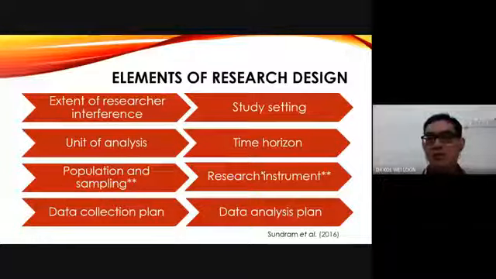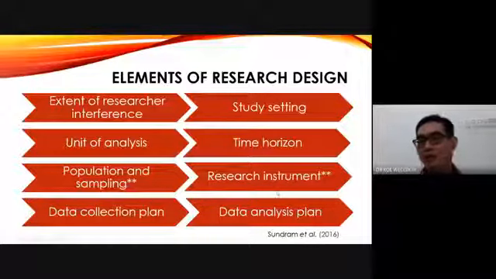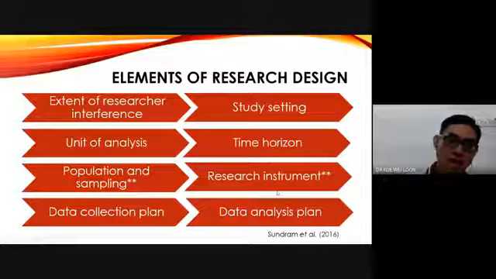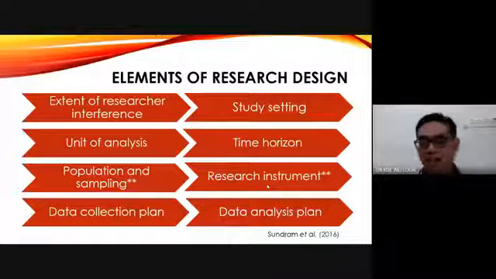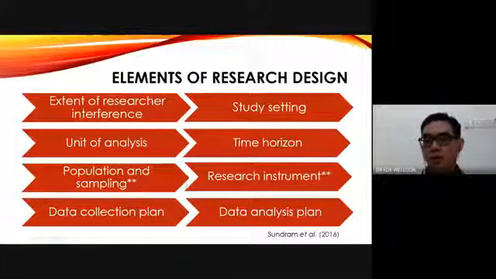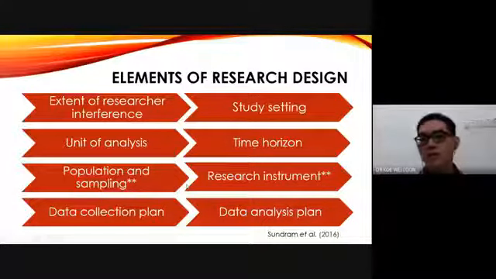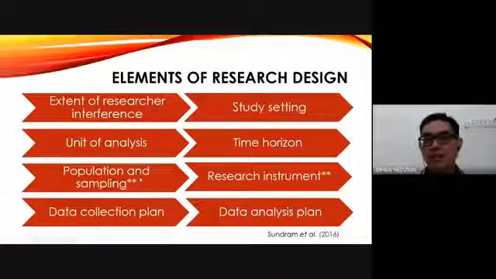For today's session, I will not focus too much on population and sampling and also research instrument. I will still discuss these two topics, but in detail, I was told by Encik Taufik we have another two sessions specifically on population and sampling and also research instrument.